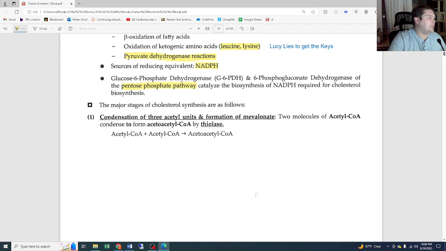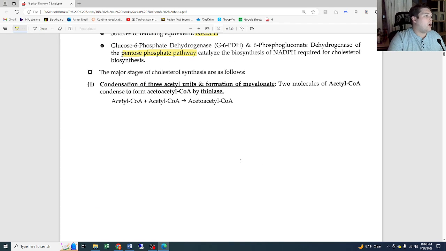Okay, so the major stages of cholesterol synthesis are as follows. This is where we're going to get in the meat of things, where again, you'll want to write out this reaction, write it in a way that makes sense to you, condense it down a little bit, just to make sure you remember the different intermediates, especially the enzymes, and work through those. Again, from my understanding, all tests will be in person.